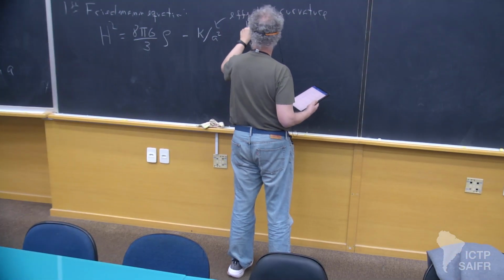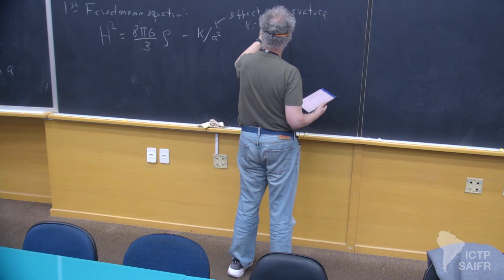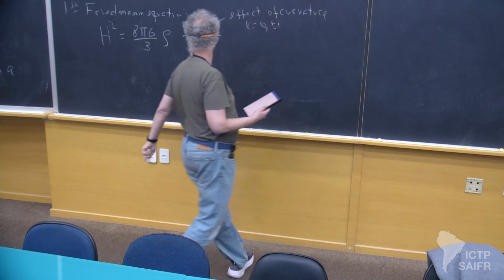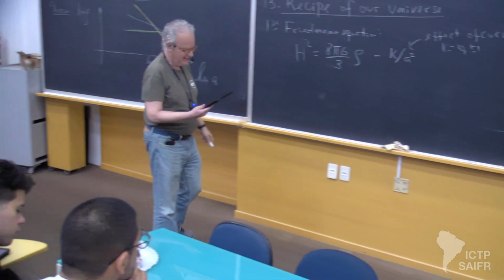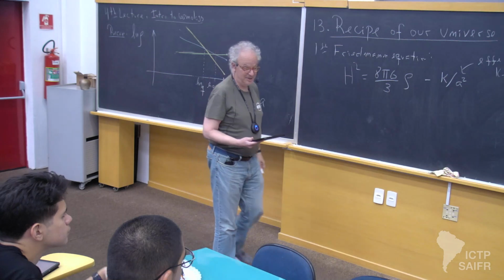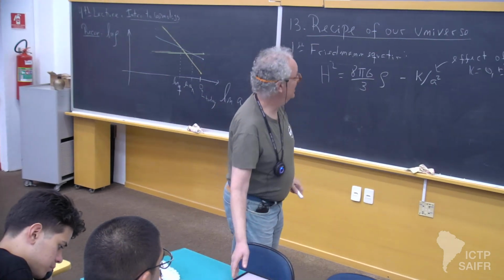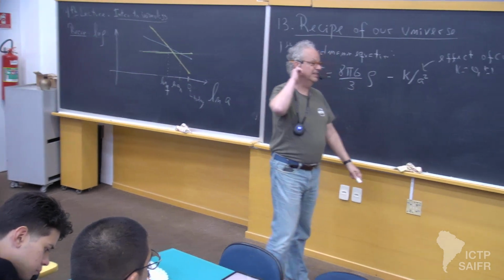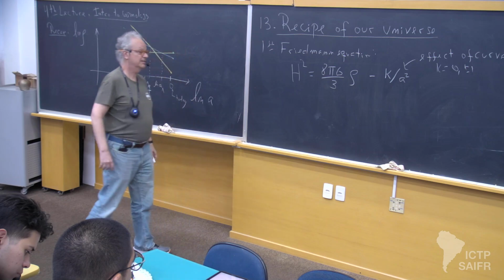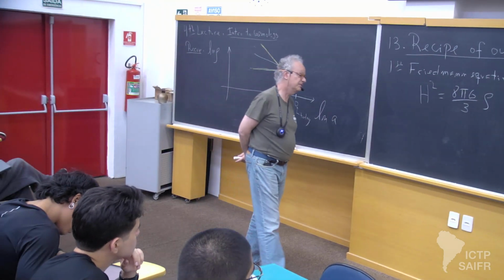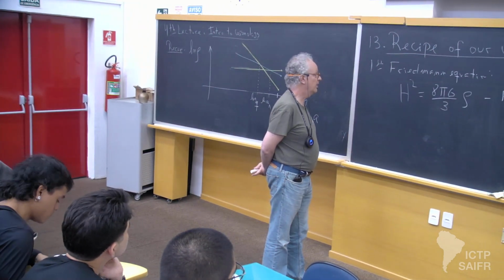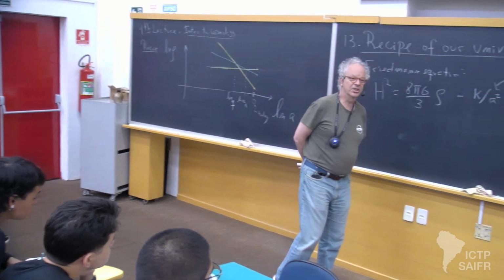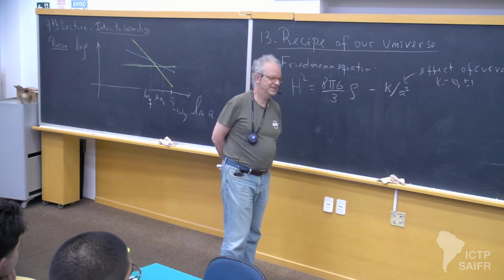This k could be 0, plus or minus 1. And then I'm going to introduce a definition we use very often, which is something called the critical density of the universe.